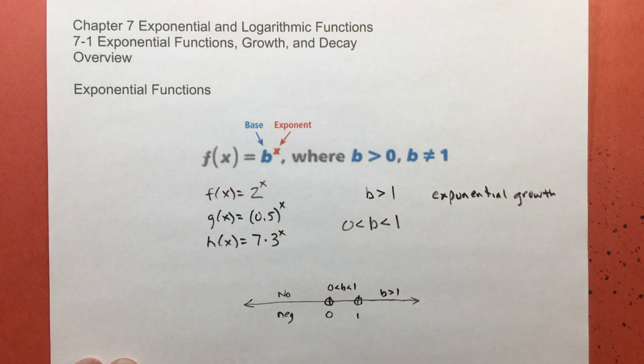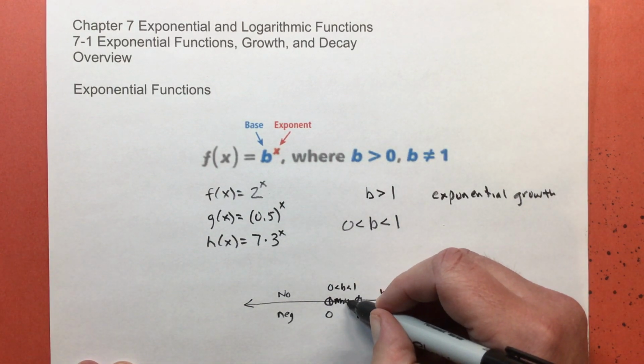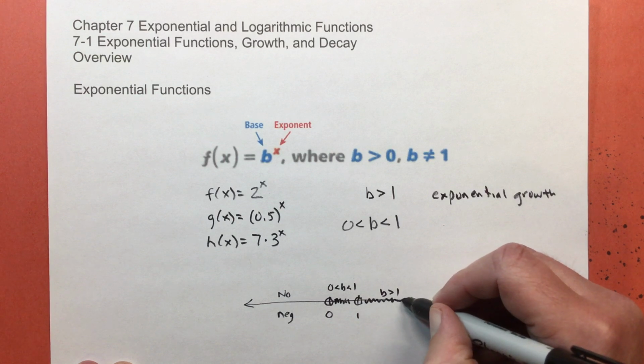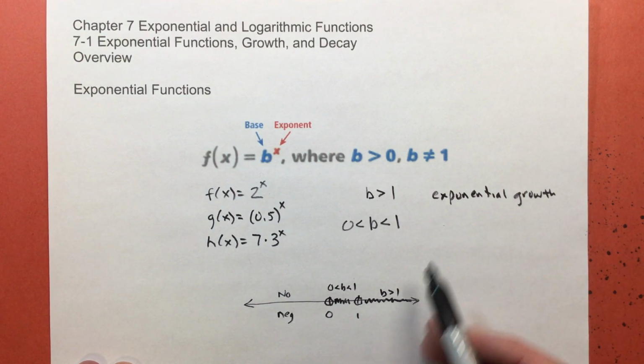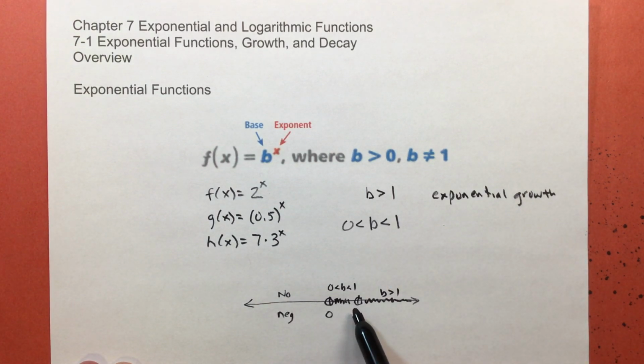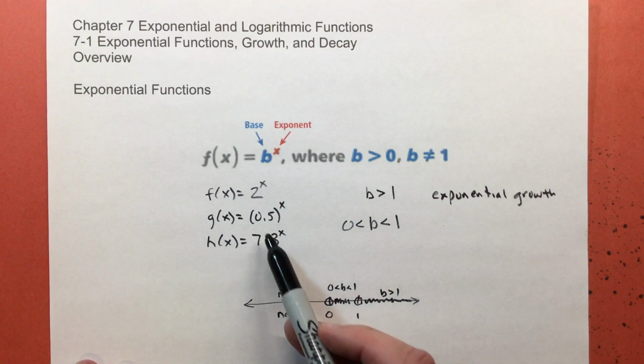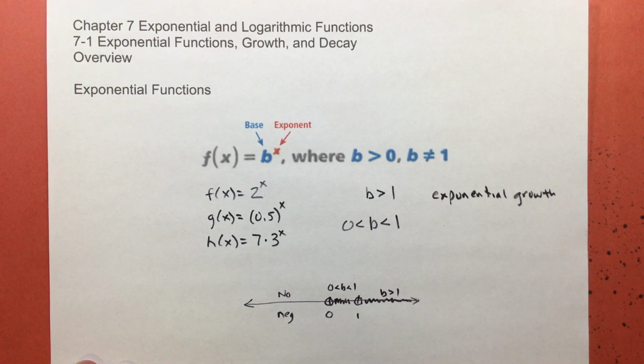Sometimes it's easier if you see what a picture is. So I'm going to use these numbers and these numbers. If it's bigger than 1, it's growth. What happens if it's between here and here? Let's pick an easy one like 0.5 or 1/2. If I say half times 1/2, I get 1/4.